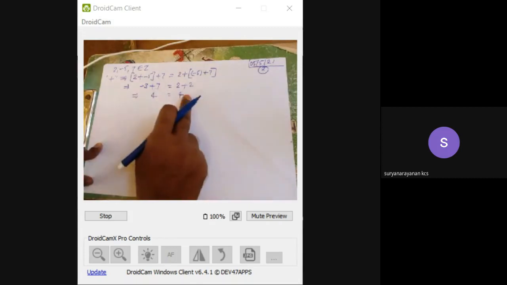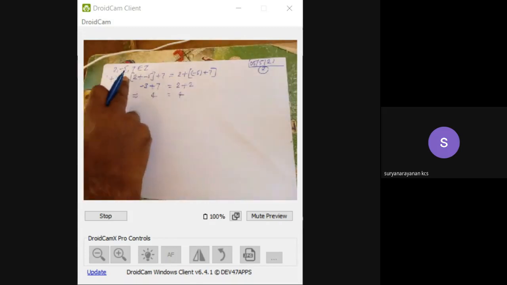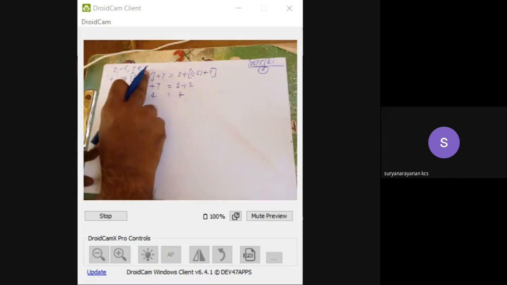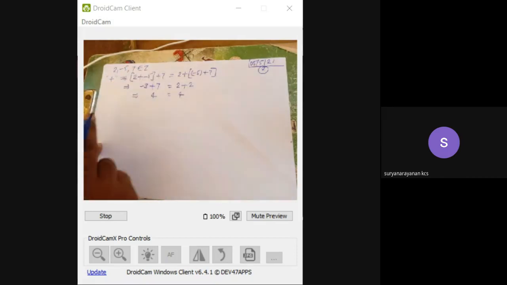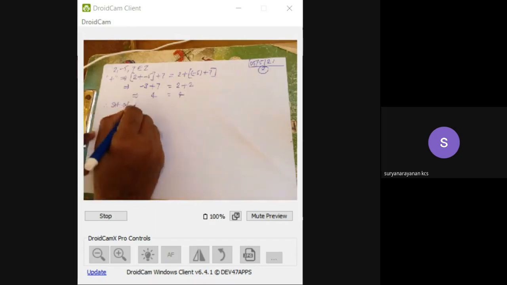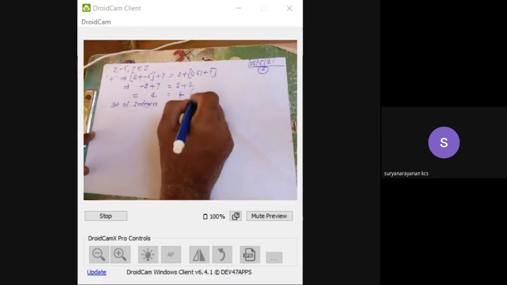So LHS and RHS values are the same. So we say that the set of integers satisfies the associative property for addition. Therefore, this is a true statement.